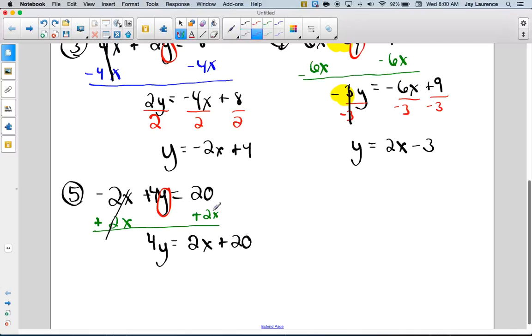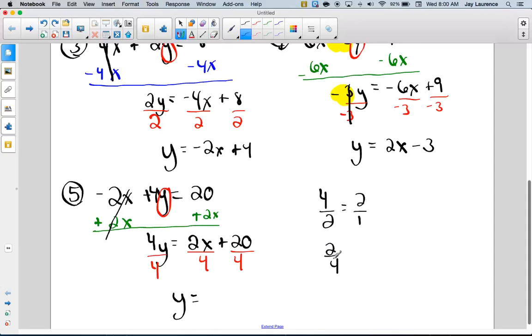All right, now I have to divide in all 3 places, and I'm going to divide by 4. So on the left-hand side, the 4s will cancel, giving me y. Now, it is not okay to get this wrong. This is not 4 divided by 2. This is 2 divided by 4. Well, think about it. If 4 divided by 2 is 2, or 2 over 1, what's 2 divided by 4?